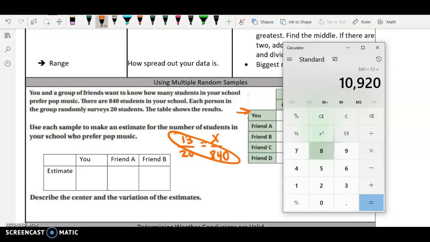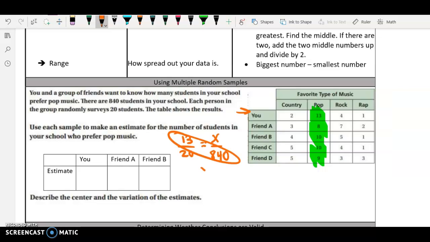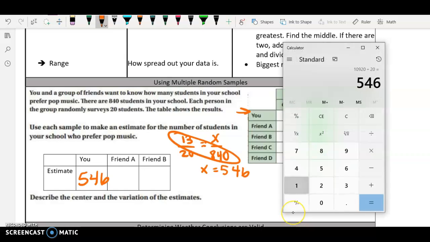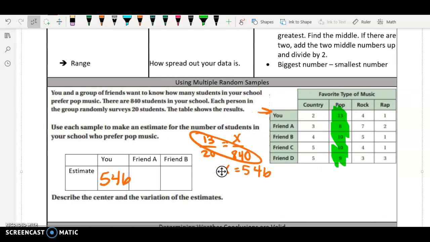And then remember we divide by that third number, which is 20. So we get x equals 546. And so we estimate that 546 people in the school like pop music. You also can do 13 divided by 20 and then times 840 students in the school, and you'll get the same thing.